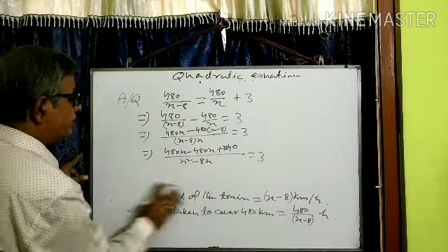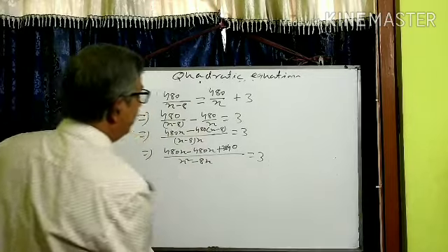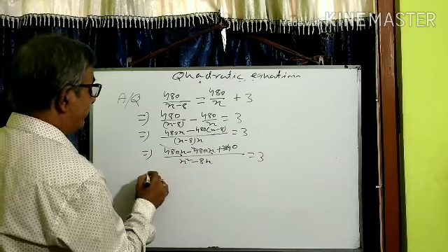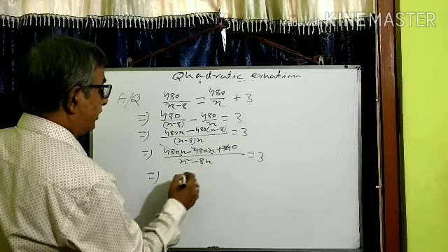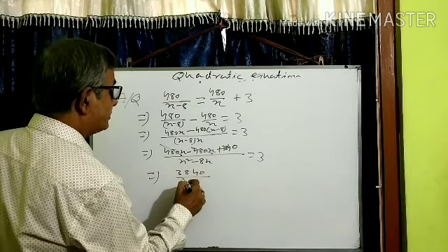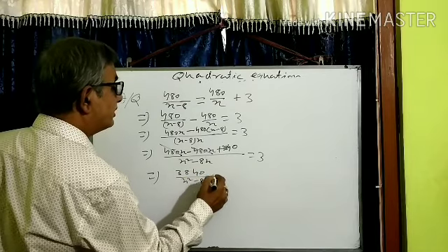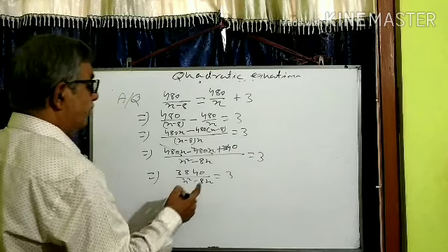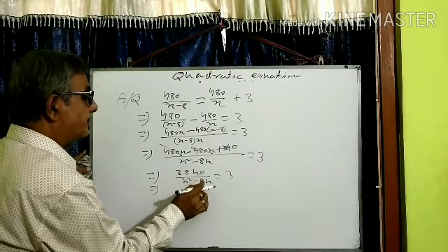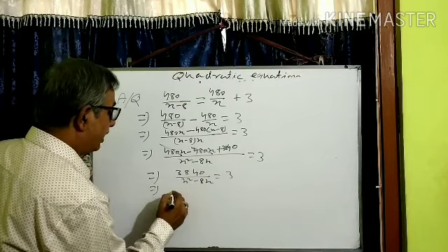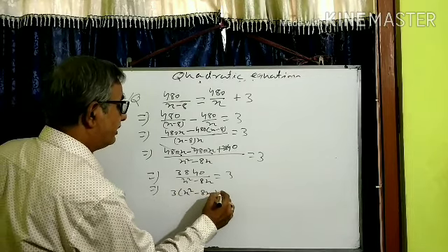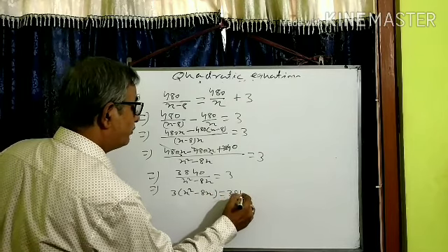My dear students, you see here what happens. 480x cancels, then 3840 by x square minus 8x is equal to 3. Do one thing, cross multiplication: 3 into x square minus 8x is equal to 3840.